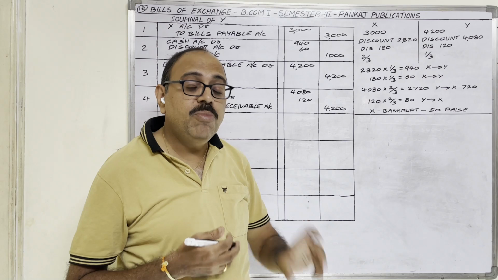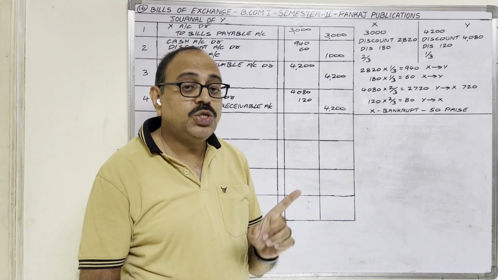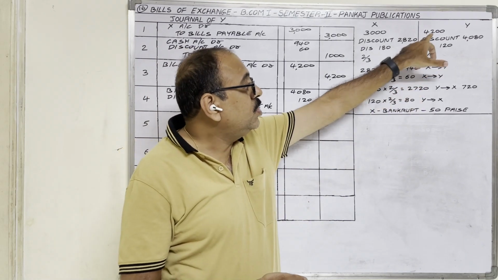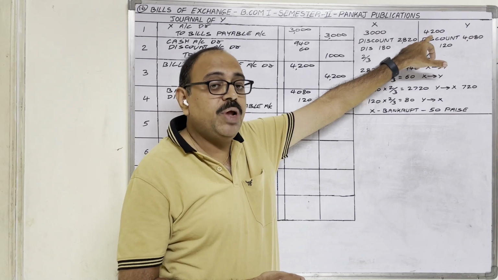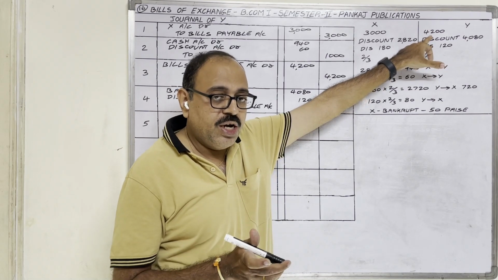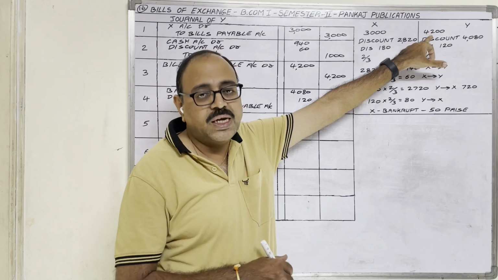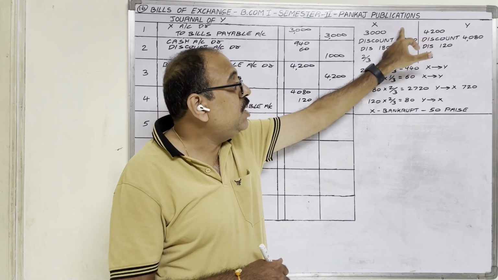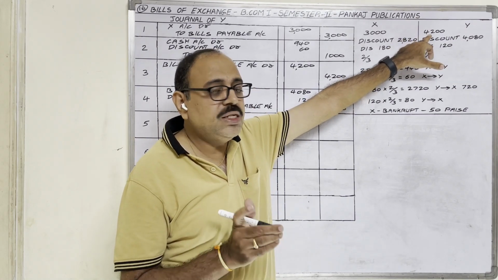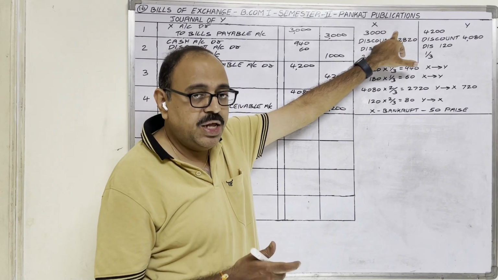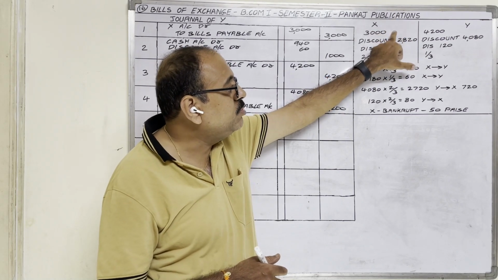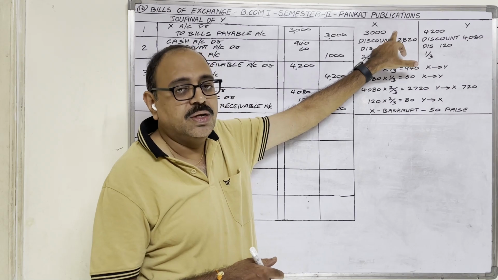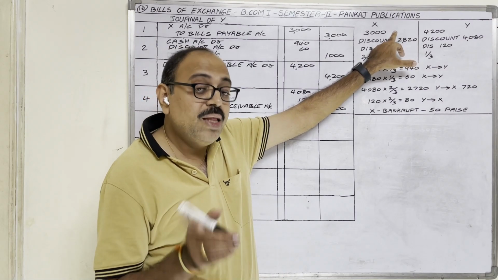So X became insolvent. X has to pay which bill? 4,200 rupees, the second bill amount. He became insolvent. So he failed to honor the second bill. Means the second bill is dishonored. And nothing is given about this first bill. Meaning, on the due date of the first bill, Y honored this bill. So the bill is discounted then honored.